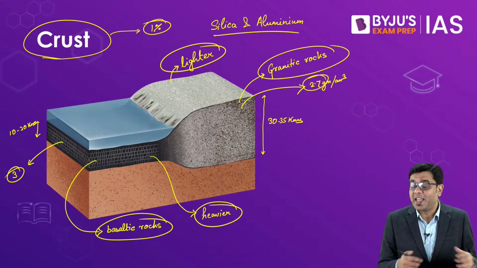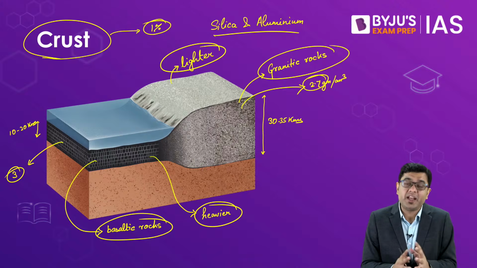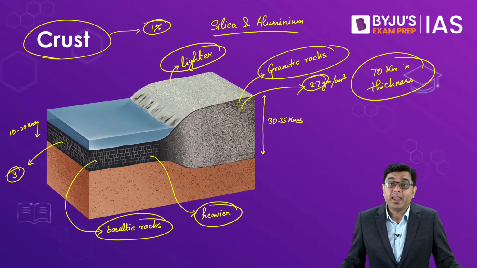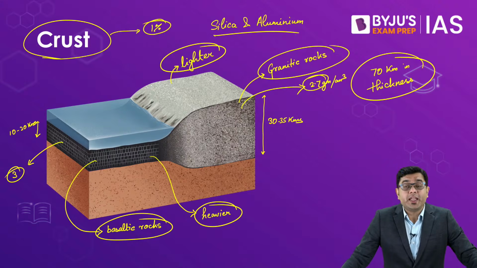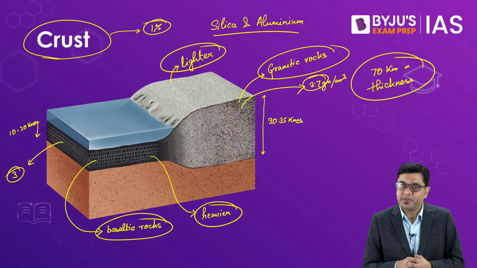So, the crustal thickness in areas where a substantial amount of folding and compression has taken place can go up to as high as 70 kilometers. Whereas, in areas around mid-oceanic ridges on the ocean floor, the oceanic crust can get as thin as around 5 to 10 kilometers.